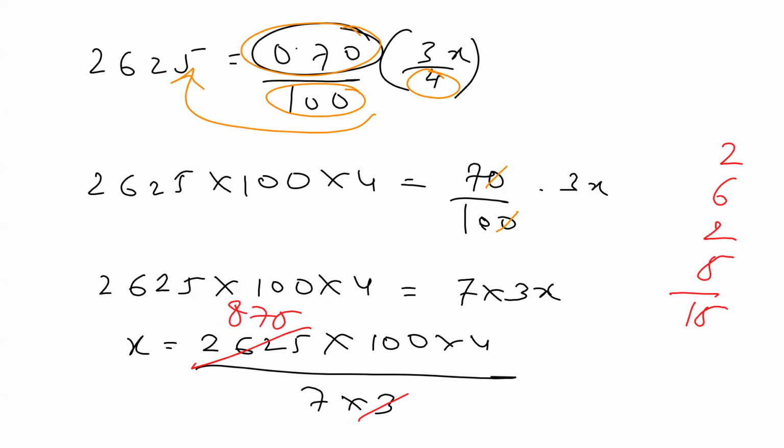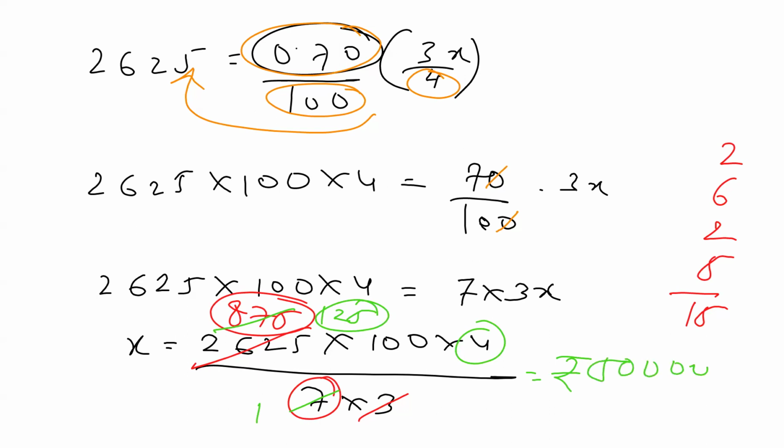Now check whether 875 goes in the table of 7. So 875 divided by 7. Yes, it's very much divisible. So 7 ones are 7, 7 125s. So this will give you 125 into 4 into 100, which is equal to 50,000.